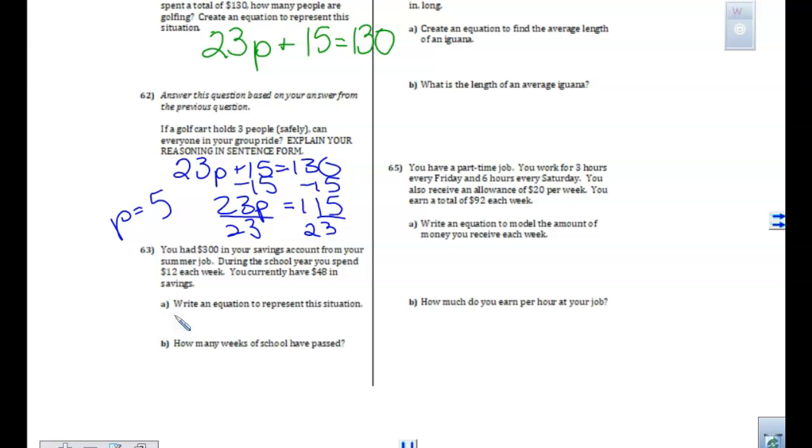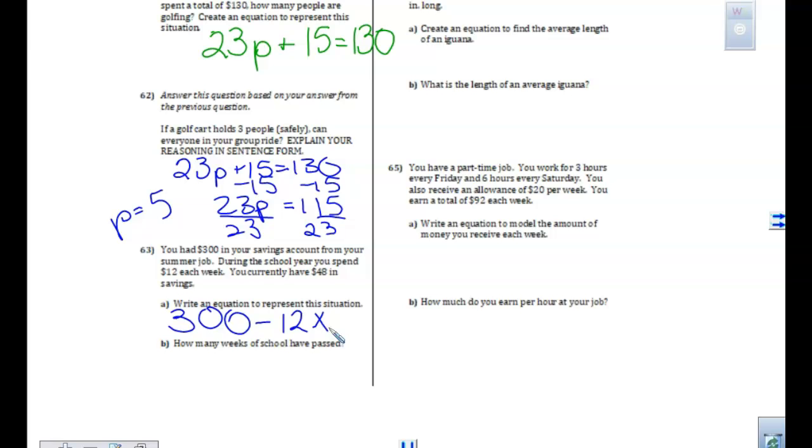What are we starting out in our account? $300. And what are you doing? Minusing, right? We're spending money. We're like, hey, every week I'm going to do this. So minus 12x. Okay. Some people might use W for each week, right? Would it matter?